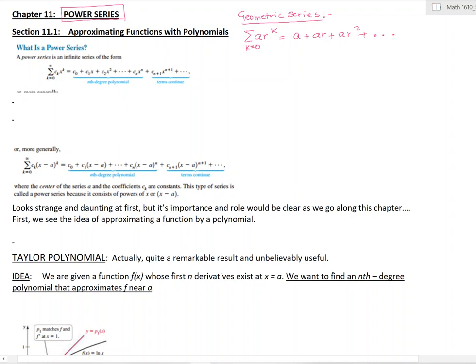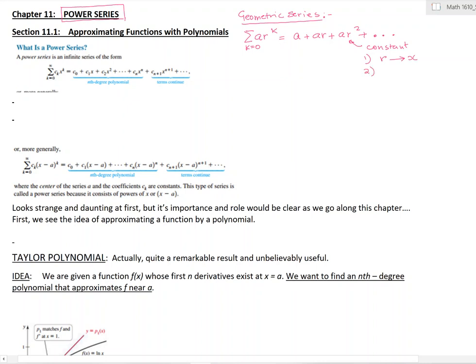Now, remember r was just a number, a constant. So the first thing is, instead of r, we are going to use a variable x.